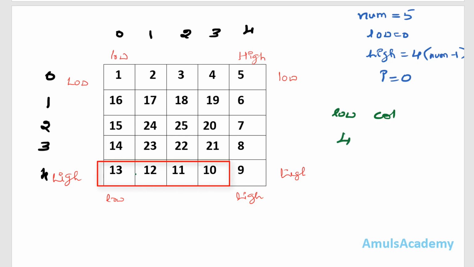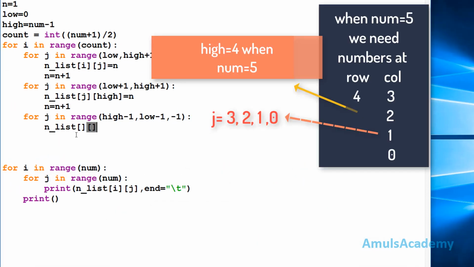We want to print all the numbers in row 4 and column 3, 2, 1, 0, right? Yes, so we want row 4 and column 3, 2, 1, 0. So here row 4 is nothing but here we can see high value is 4. So instead of 4 we can mention row as high. So here at the row place I'll mention high.